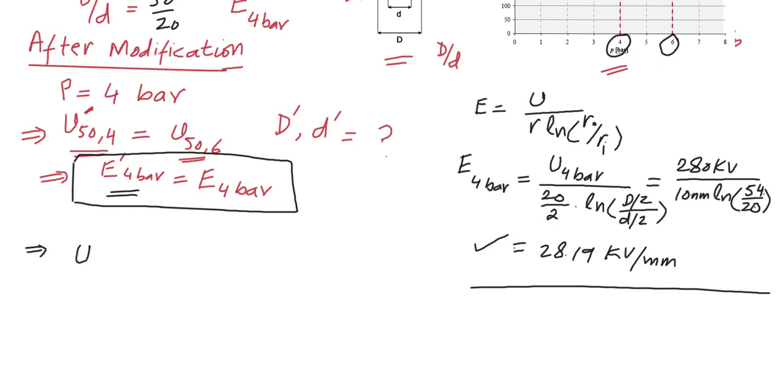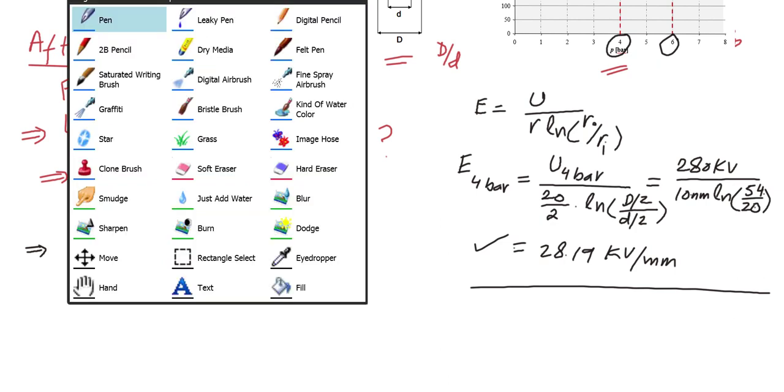U bar 50% at 4 bar. We know the relationship for the voltage, which we discussed when we talked about electrostatic fields in cylindrical assembly. Let me write the general formula first.